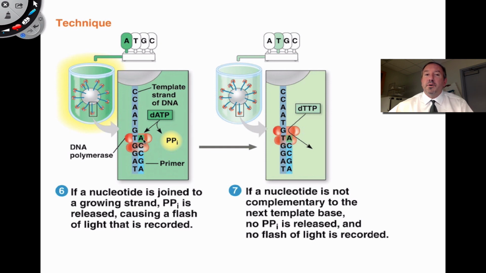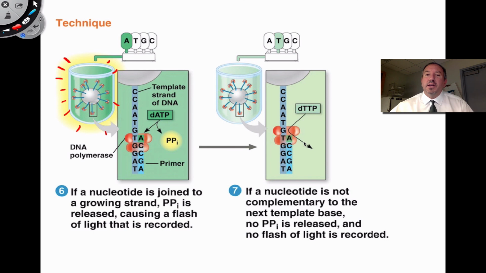And so therefore, just that slight detection of light flash is then recorded. So there's like an illumination when you're adding adenine and it's the correct base, it'll slightly illuminate, and that'll be detected by the computer.